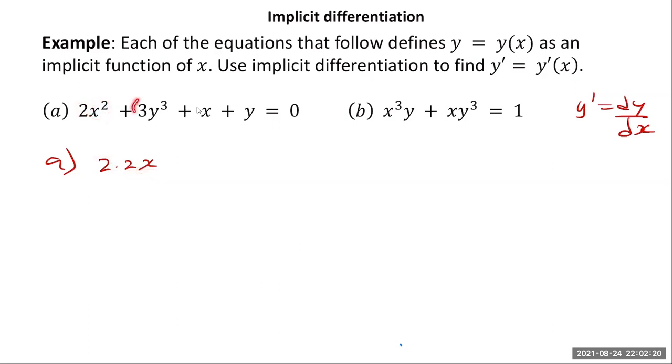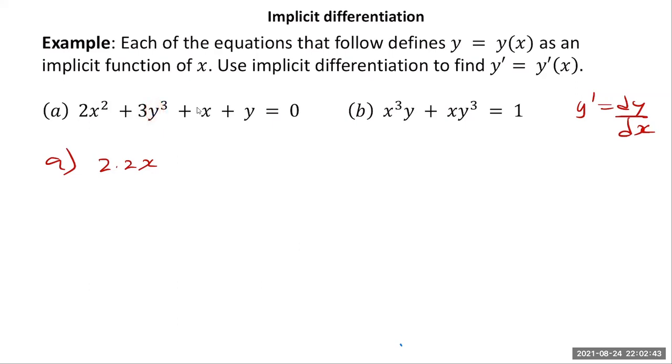And then you need to take the derivative of 3 times y to the power 3 with respect to x. Here you have to apply the star rule, because this is not x. You cannot just write 3 times 3y squared, because now you need to view this as your star.